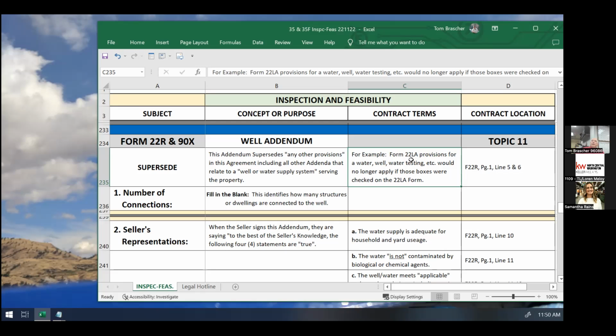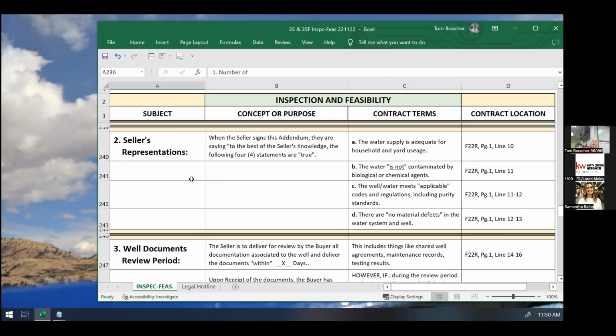If anybody puts a 22LA into a purchase and sale agreement package and also includes a 22R, you have a chance of confusion and conflicting directions to whoever's reading the contract. Right in Form 22R, it plainly states this supersedes any other reference to water in this contract. So it just voids out 22LA.